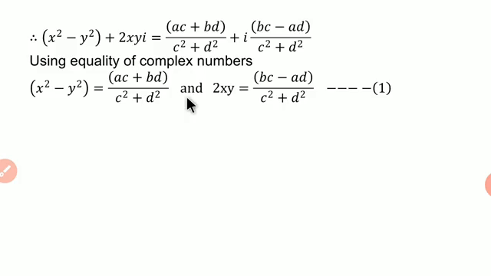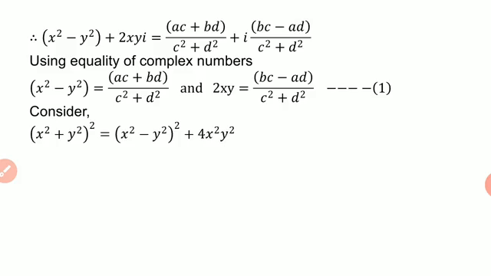Now our aim is to find the value of (x square plus y square) bracket square. So we consider that term, (x square plus y square) bracket square. We rewrite this term as (x square minus y square) bracket square plus 4x square y square.